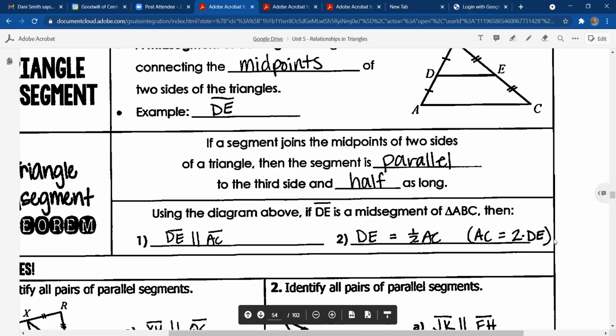AC equals 2 times DE. No takers? Well, isn't that just the inverse of DE equals 1/2 AC?